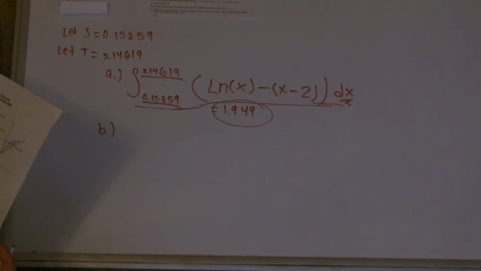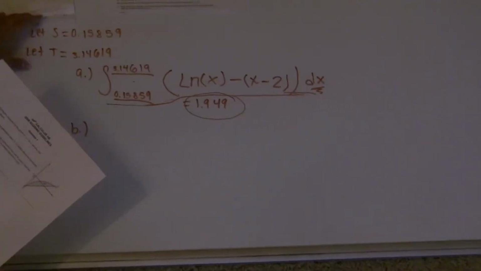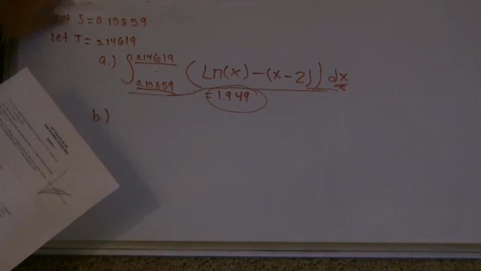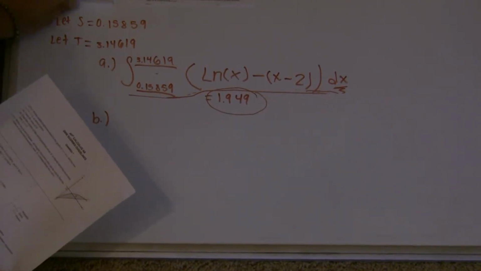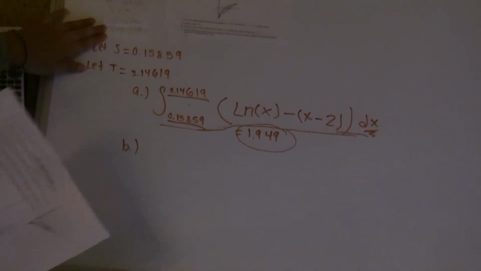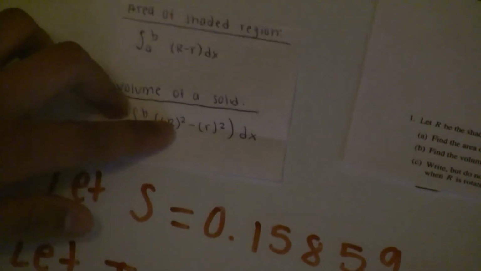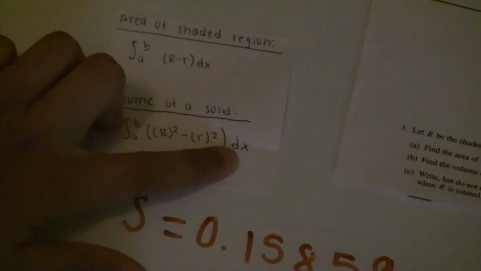Before we do this, we need to find the volume of a solid. I have the volume formula written down right over here. To find the volume, this is the formula: pi times the integral from a to b of big R squared minus little r squared dx.